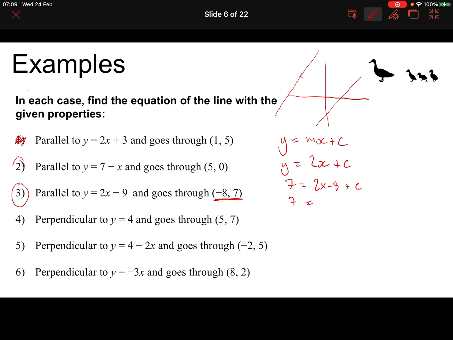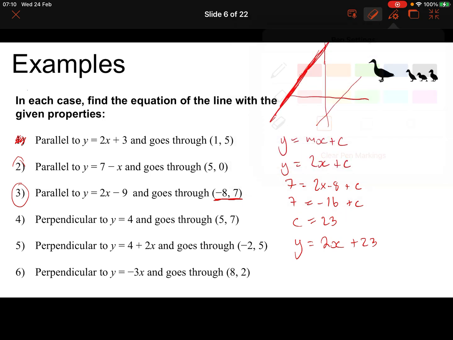So 7 equals -16 plus c, and so c is equal to 23. So my equation is y equals 2x plus 23. That makes sense. You can see this line is passing the y-axis way up high, so it's logical.